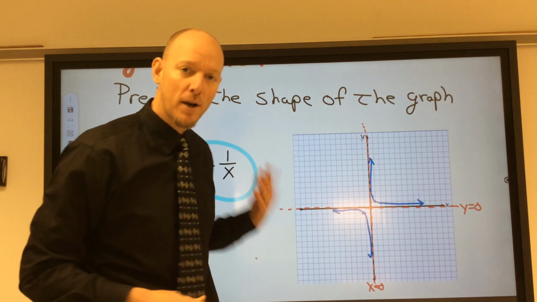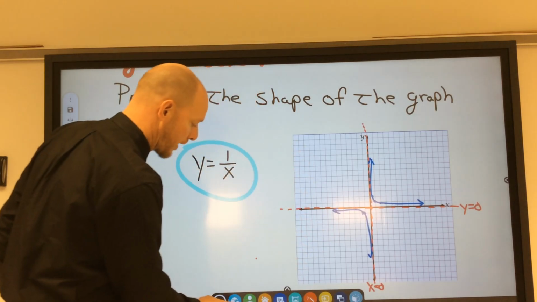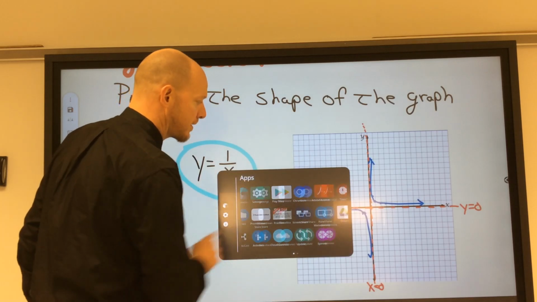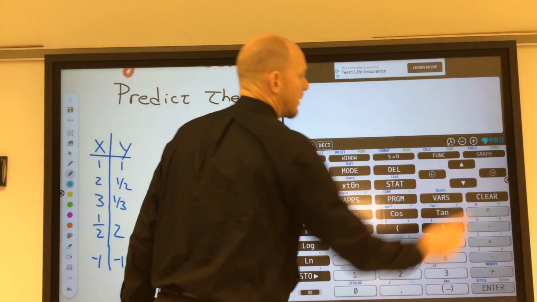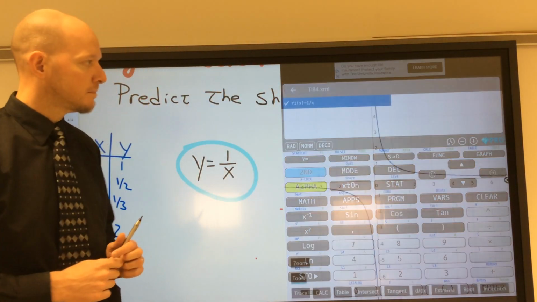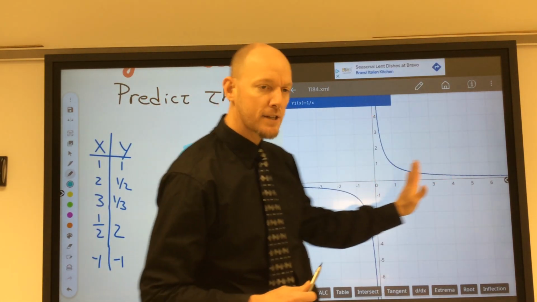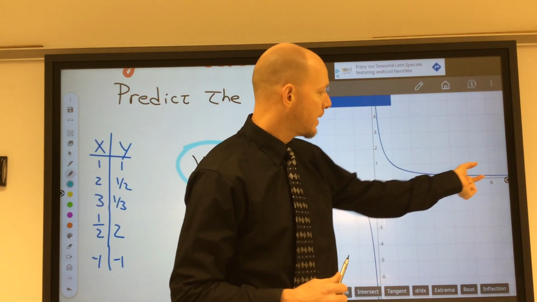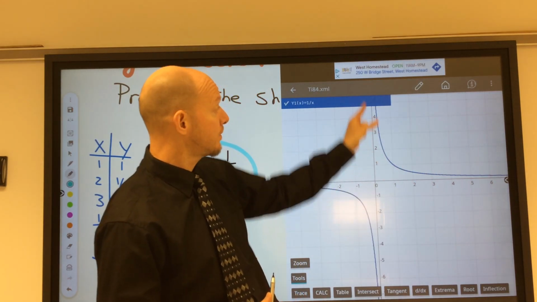Now, I'm not going to lie to you, that's not the best drawing. So let's look at what it possibly should look like if we were to graph something like this on a graphing calculator. And now you can see how we have that nice smooth transition such that as the larger x values come in, it gets closer to 0. As we get closer to 0 on the x-axis, the values get larger.